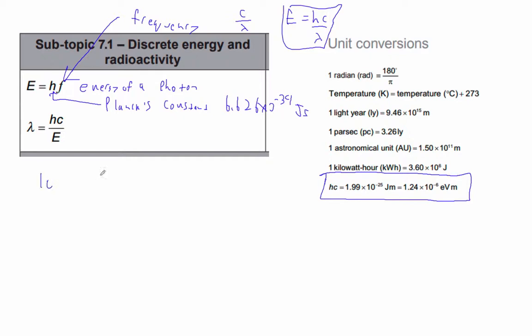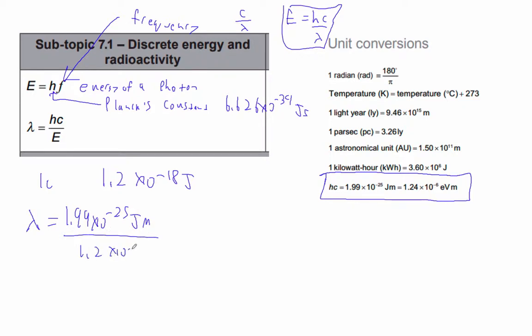Let's imagine we've got a photon energy of 1.2 times 10 to the minus 18th joules. The wavelength would be lambda equals, and then we'd use this guy, 1.99 times 10 to the minus 25th joule meters, divided by 1.2 times 10 to the minus 18th joules.